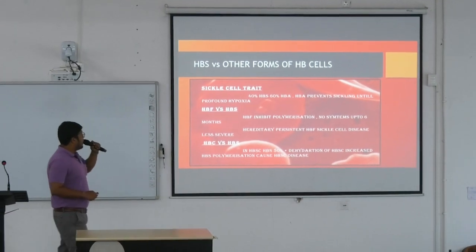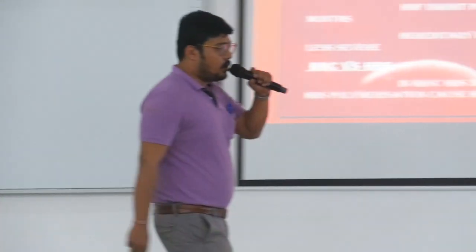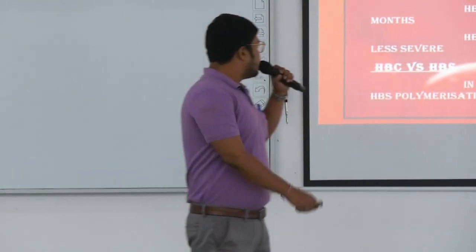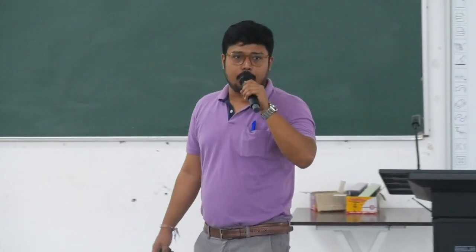Hemoglobin S and other forms of hemoglobin, very important. Hemoglobin C, another variant. We have encountered hemoglobin A1, hemoglobin A2, hemoglobin S. Now we can see that hemoglobin C is another variant of hemoglobin.